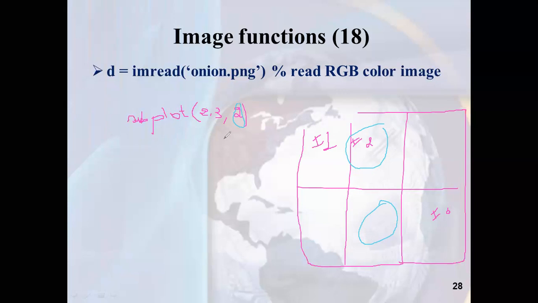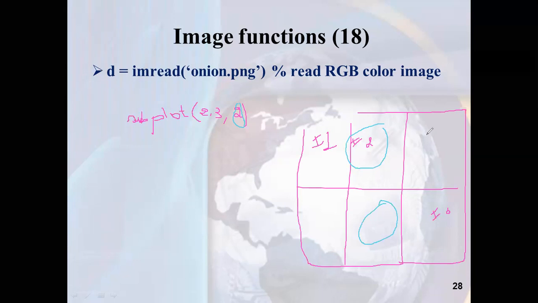And after that, I use plot or image show or imagesc to show my image here. In this case, using subplot 2, 3, I can have 6 images. And after writing subplot 2, 3, 2, I use image show or imagesc, and the image will be displayed on this screen.